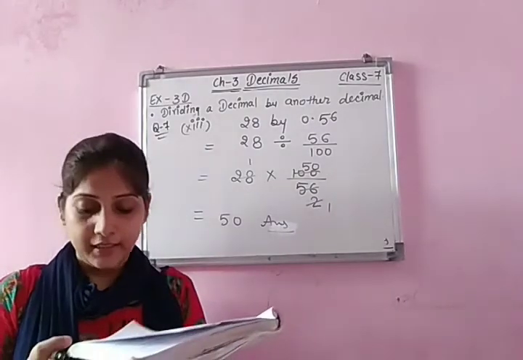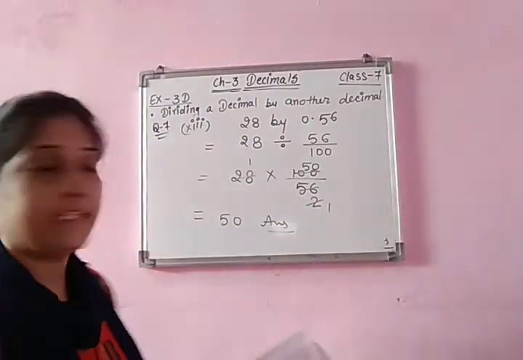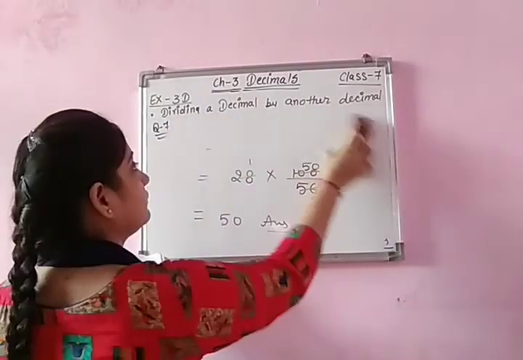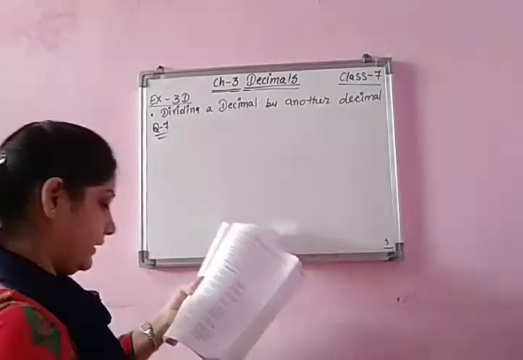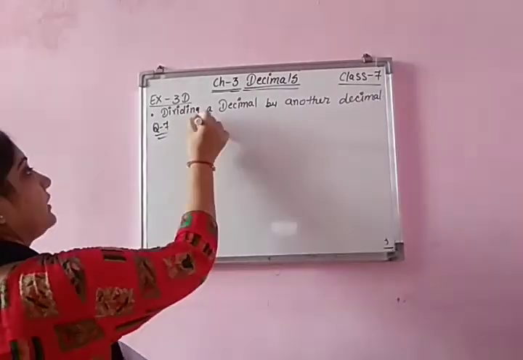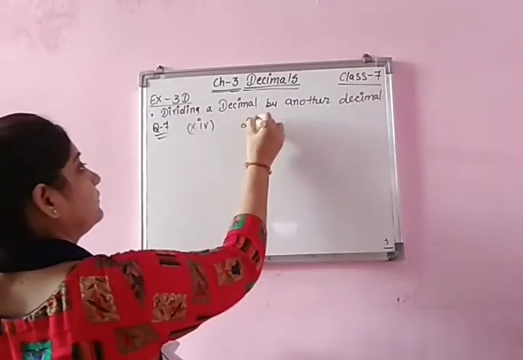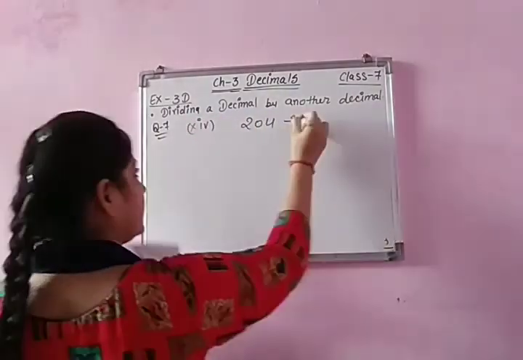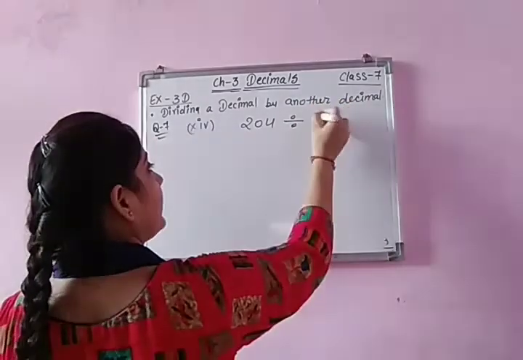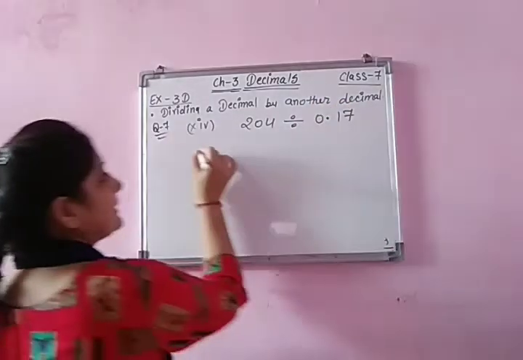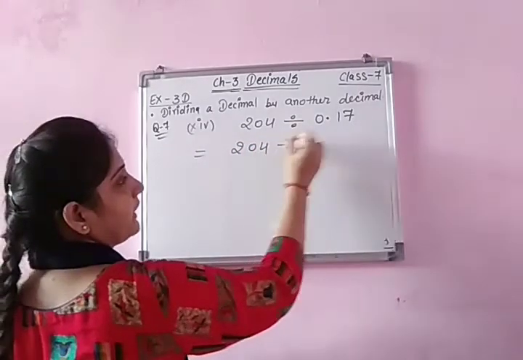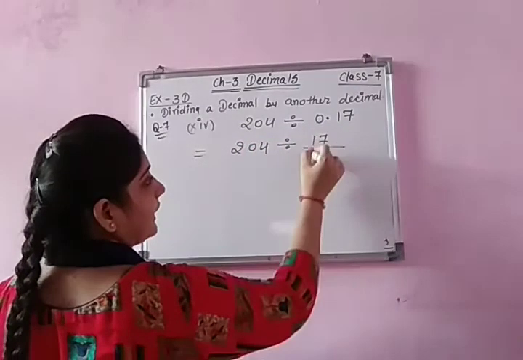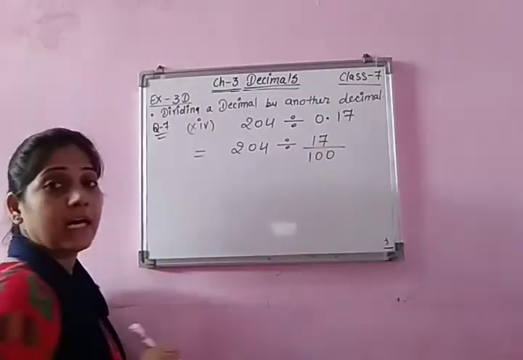The last part, 14th part of this question. 204 by 0.17. You need to divide this 204 by 0.17. Make it in fraction, that is 17 upon 100.